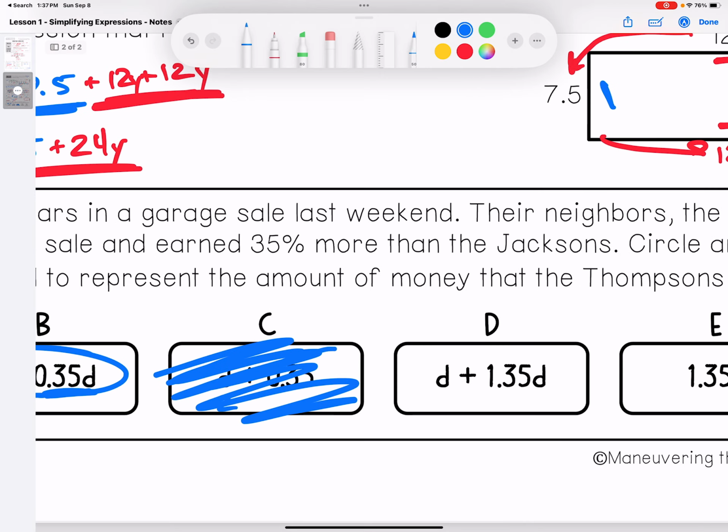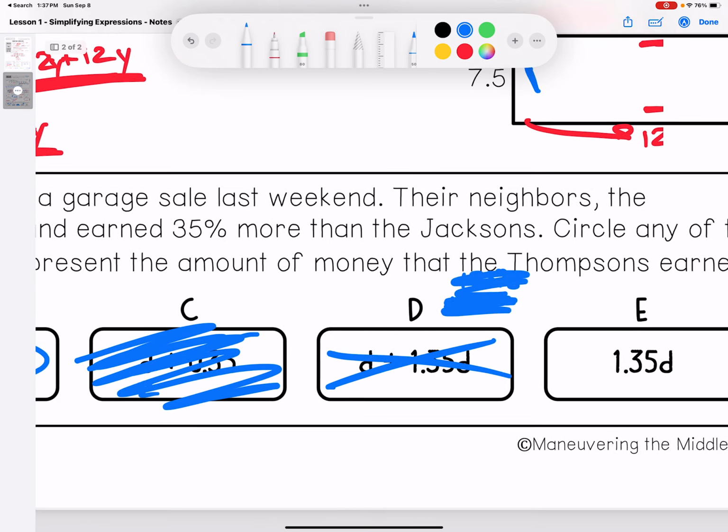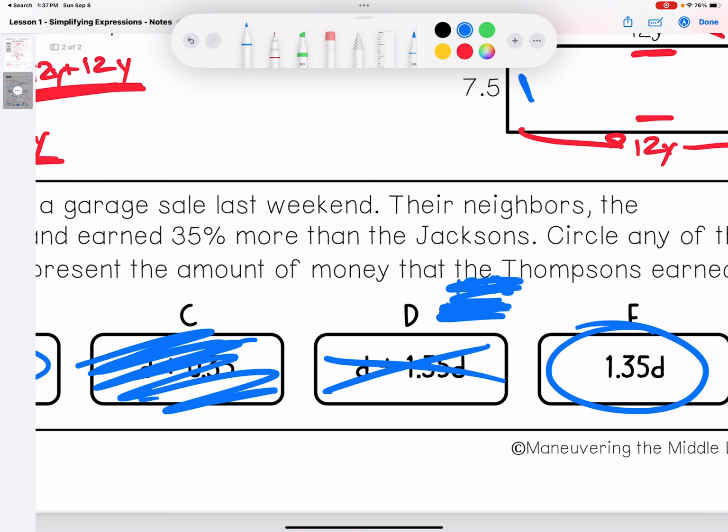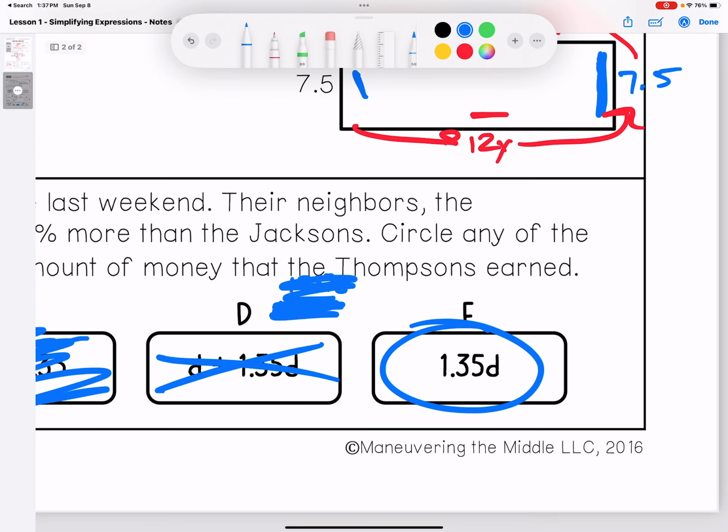No, D is not it because 1.35 actually means 135%. That's not it. You could have done, as I told you earlier, 1.35, because that means 135%, which is 1 times the original plus the 35% more they made times the D.